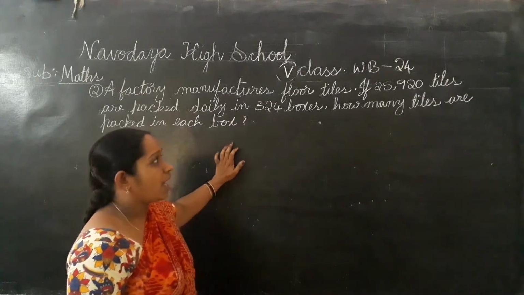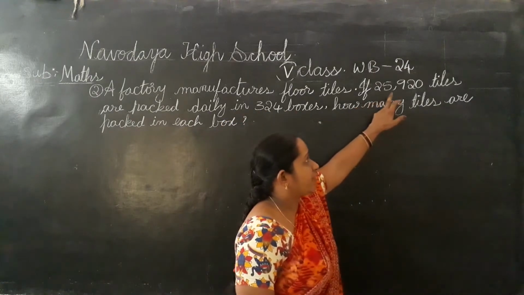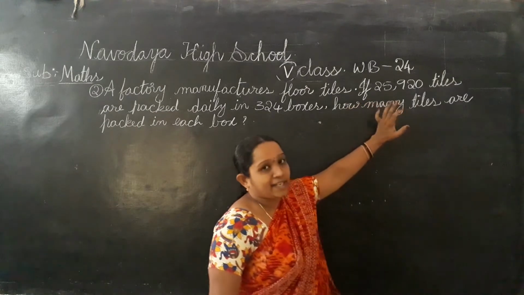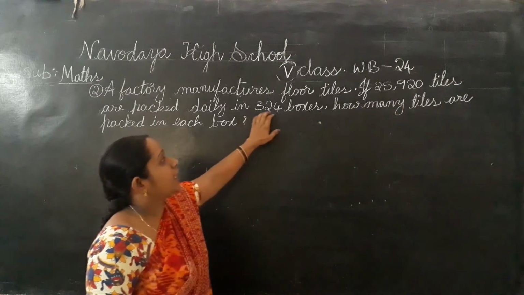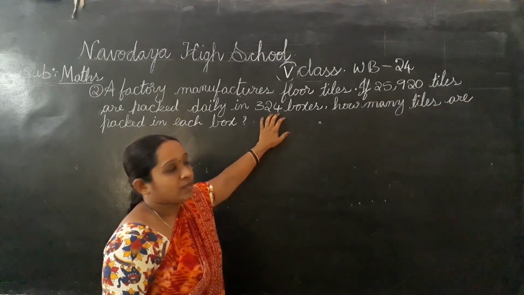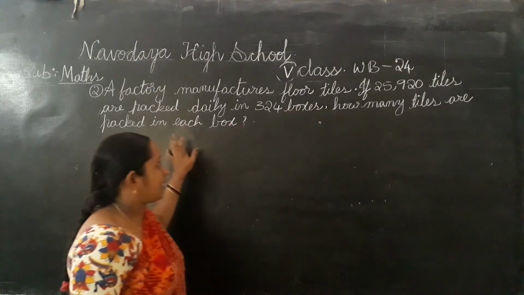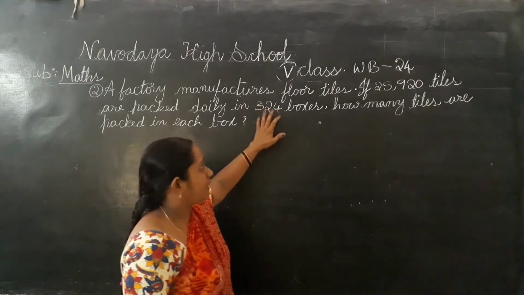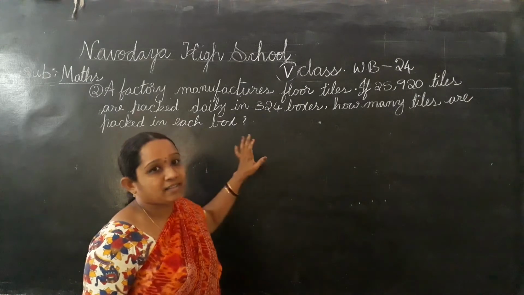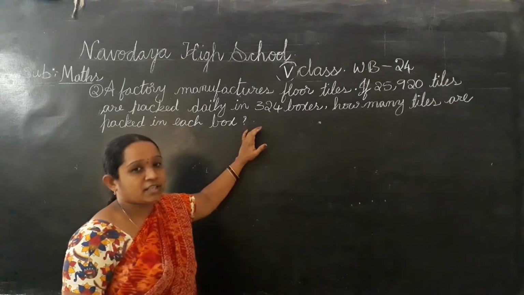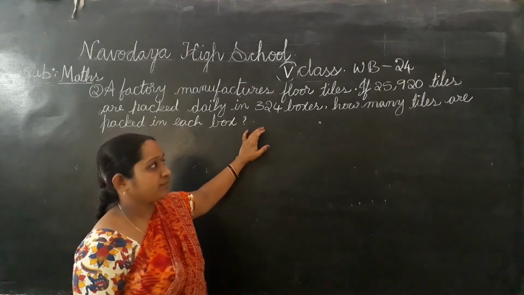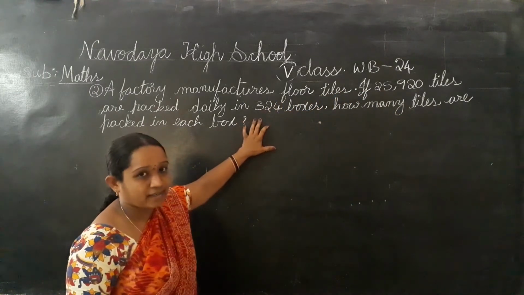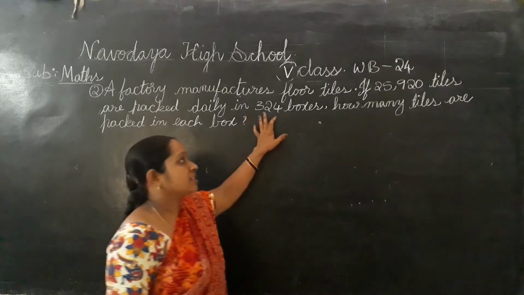And how many tiles are there? 25,920 divided by 324. First write the steps.